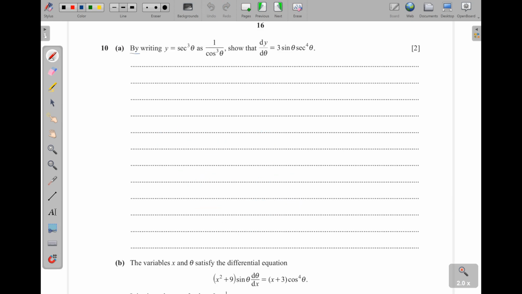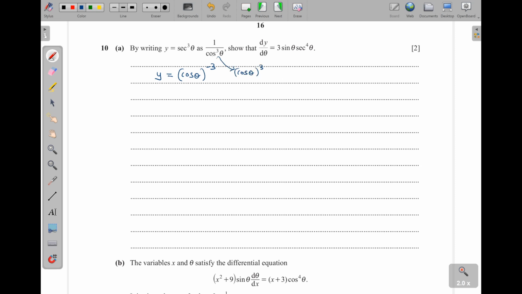Question 10 part A. By writing sec cubed theta as 1 over cos cubed theta, show that dy/dx is equal to this. Now, when I'm doing this one, I'm going to say y is going to be (cos theta) to the power negative 3. Because cos cubed of theta is the same as cos theta, then cubed.